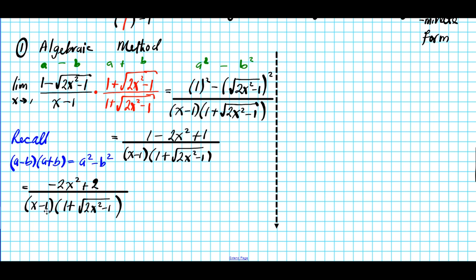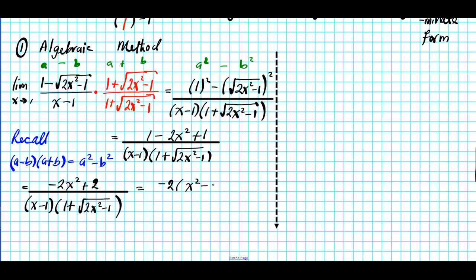Remember, the goal is to express the numerator in such a way that I could possibly cancel out x minus 1. But we are not there yet. Let's see how we can manipulate the numerator in such a way that that move is possible. Okay? So I factor out negative 2, and I have x squared minus, note, anytime you factor out a negative, the signs of the terms that you factor that negative from will switch, right?